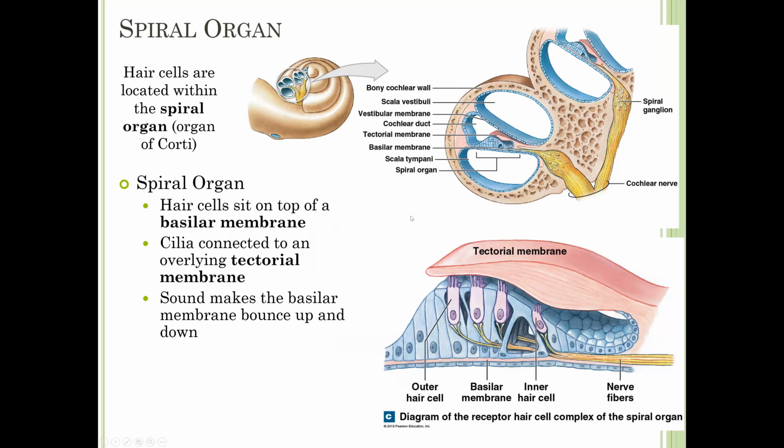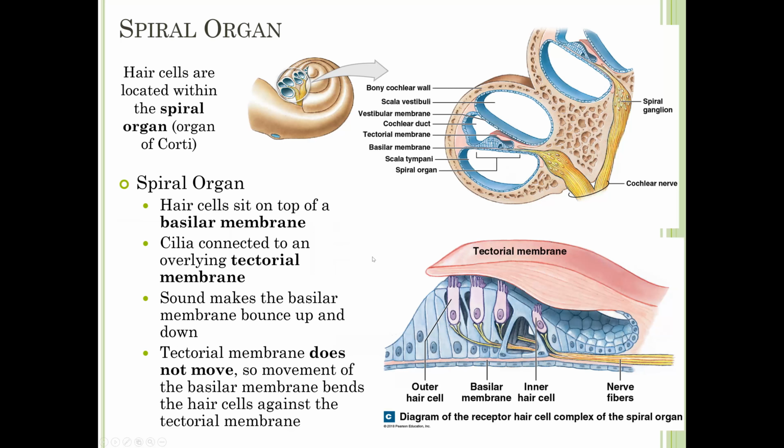As we'll see in a moment, sound waves make the basilar membrane bounce up and down. And if you can imagine, when it bounces up and down, it's going to push the hair cells into the tectorial membrane. The tectorial membrane does not move, so when the basilar membrane bounces up and down, it's going to push those hair cells and bend the cilia as they crash up against the tectorial membrane.